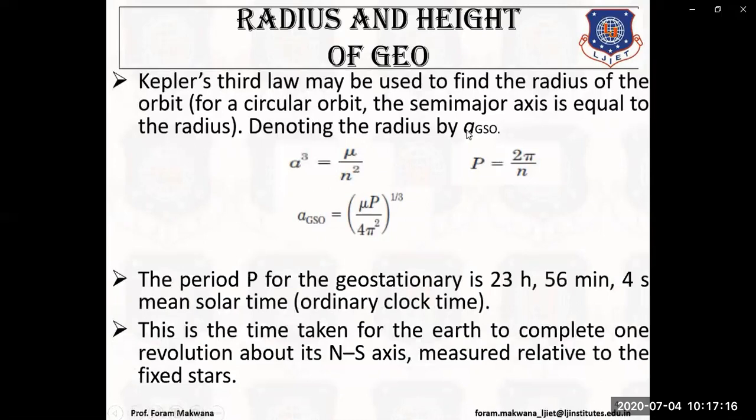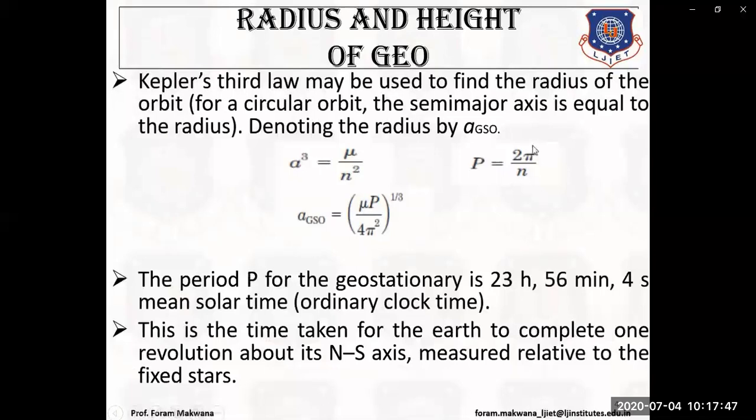Over here, a stands for radius and GSO stands for geostationary orbit, right? Then, as per Kepler's third law, a cube is equal to mu upon n square. Over here, a is the semi-major axis, n is the mean motion, and mu is the geocentric gravitational constant.